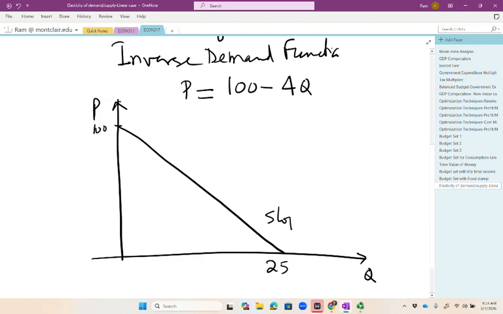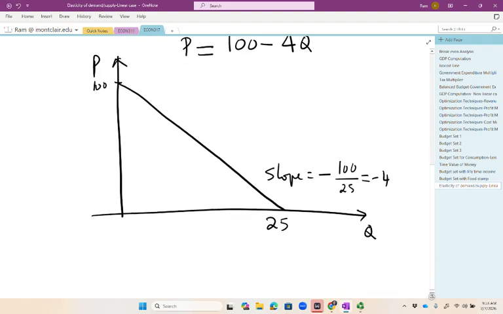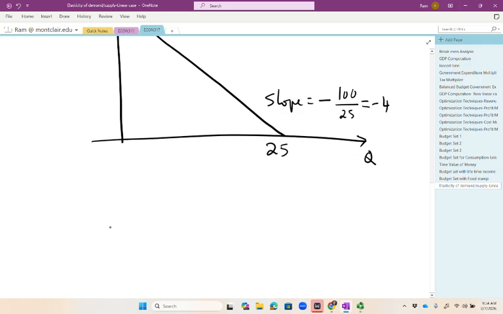So you can see the slope is the rise over run. So 100 over 25, but with negative sign. Turns out to be negative 4. So first term I know, and now let's look at some values of elasticity. For Q to be 10, let's see what is the elasticity. First we know if Q is 10, then price is 100 minus 4 times 10, 100 minus 40, turns out to be 60.